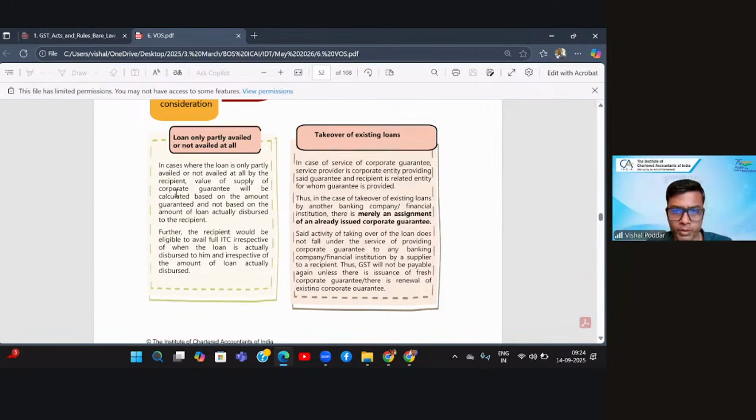Said activity of taking over of the loan does not fall under service of providing corporate guarantee to any banking company, financial institution by a supplier to a recipient. Thus, GST will not be payable again unless there is issuance of a fresh corporate guarantee or there is a renewal of existing corporate guarantee.